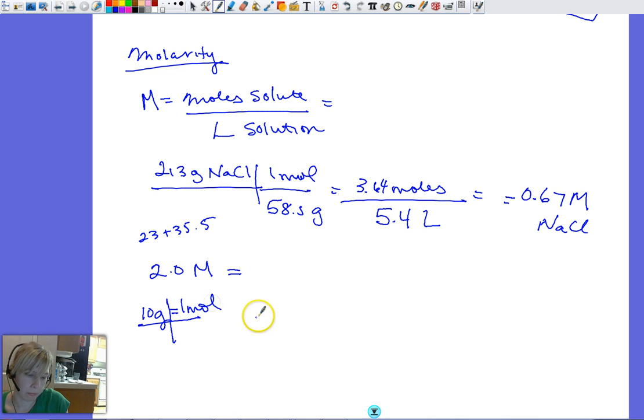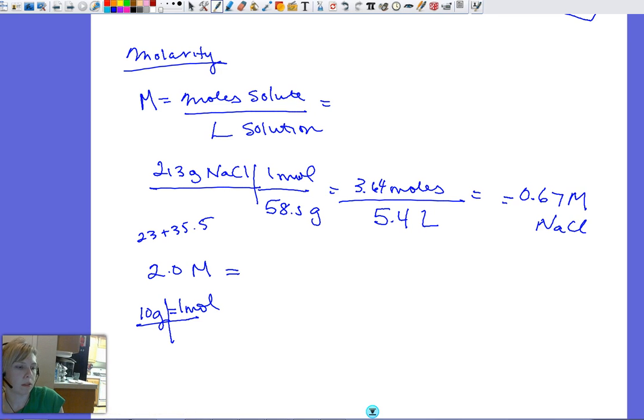and 1 mole. Now our potassium iodide is 39 plus 127, and that's going to give us 166. So 10 grams divided by 166, we get 0.06 moles.